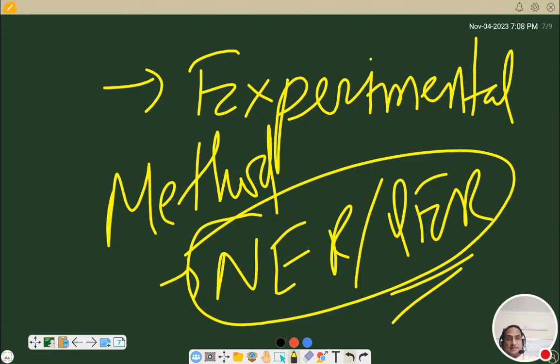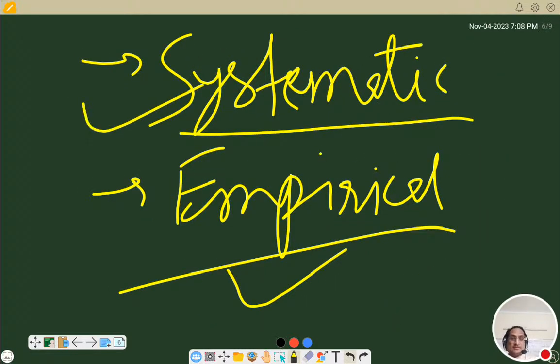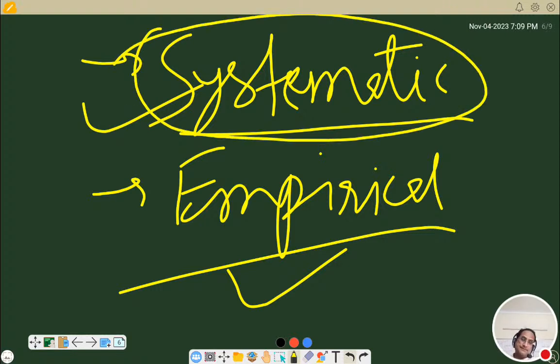Firstly, there is systematic, then there is empirical. Systematic means it takes place according to a predefined set of steps, which we will see. And empirical means we have the evidence. That's the only thing. Now, we should also see what is the meaning of systematic study.